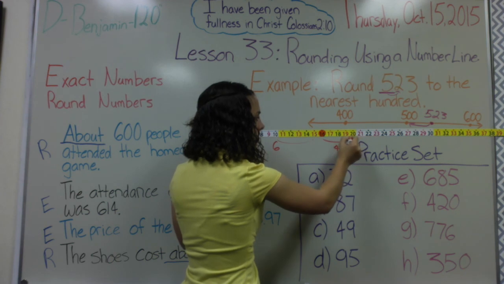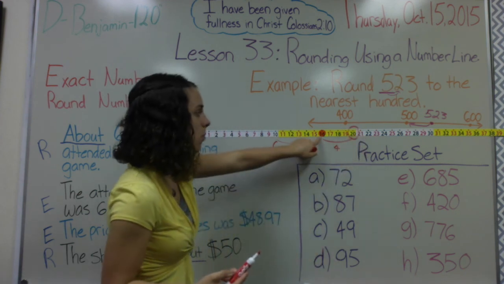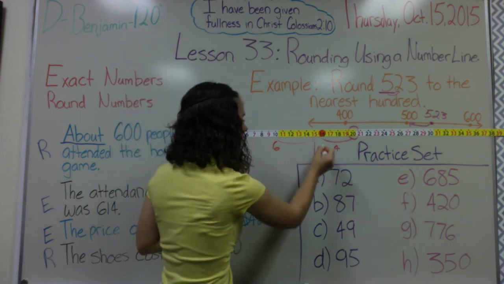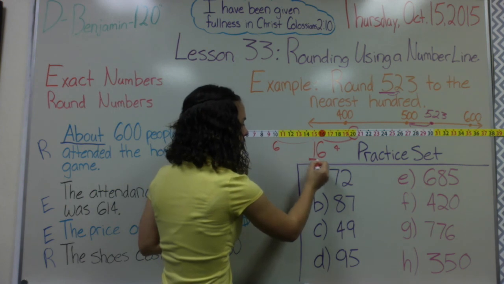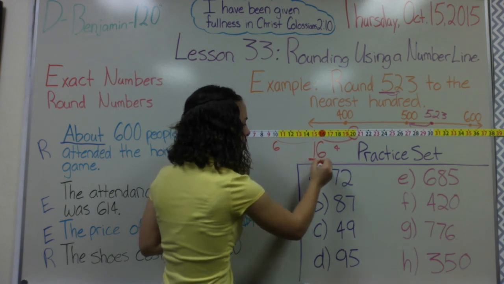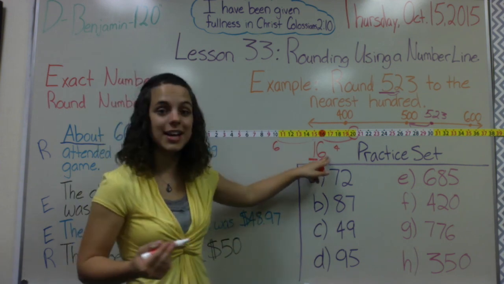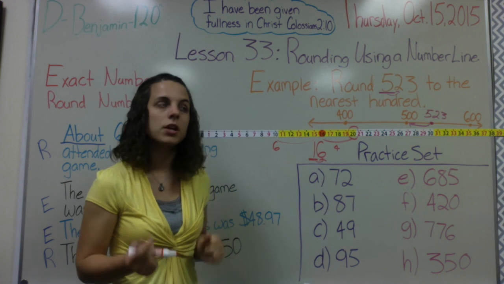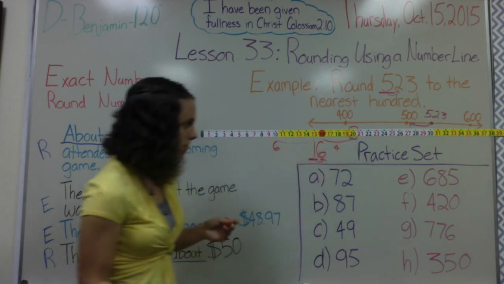The reason for that is if I look at my ones place, which is a 6, I'm rounding to my tens place, so I look at its partner next door to the right, which is a 6, and that's greater than 5. That means I'm rounding up to my next 10. So instead of going down to 10, I'm going up to 20.